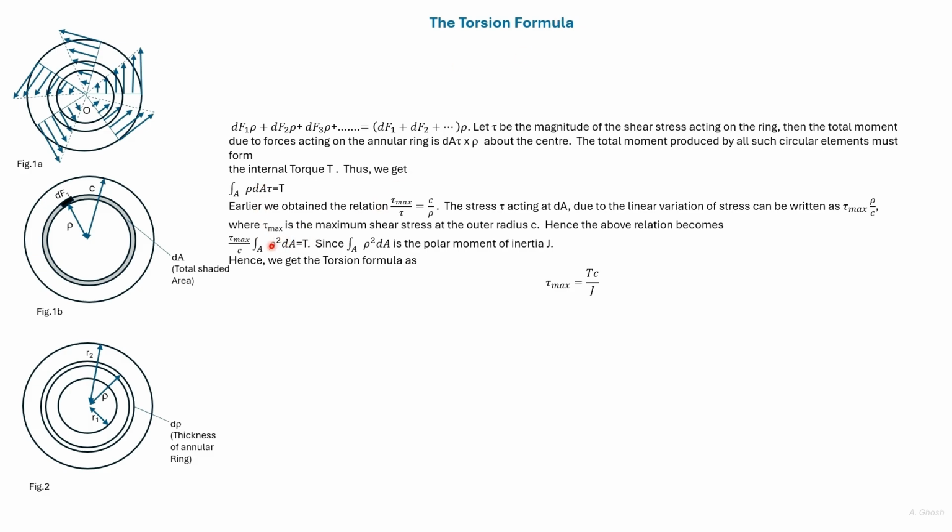Part of this expression now becomes rho square dA integrated over the whole area, which is the polar moment of inertia. So now tau max can be written as TC by J, where J is the polar moment of inertia and C is the distance farthest from the center.